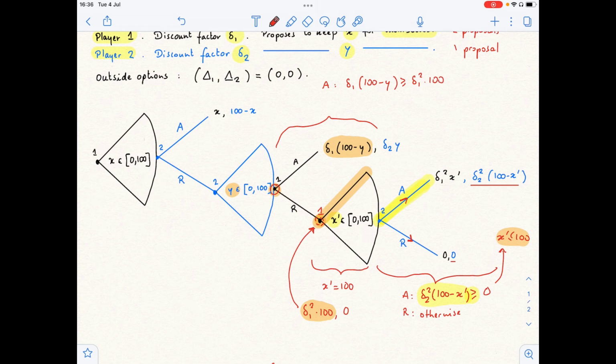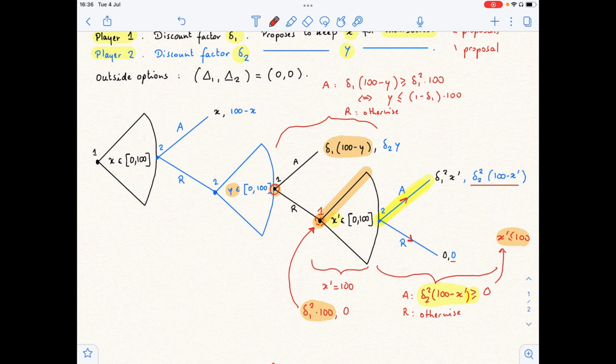And this is equivalent, I can get rid of one of the deltas, to y being less or equal than 100 minus 100 times delta 1. So 1 minus delta 1 times 100. All right? And then reject otherwise. That will be the decision rule of player 1.